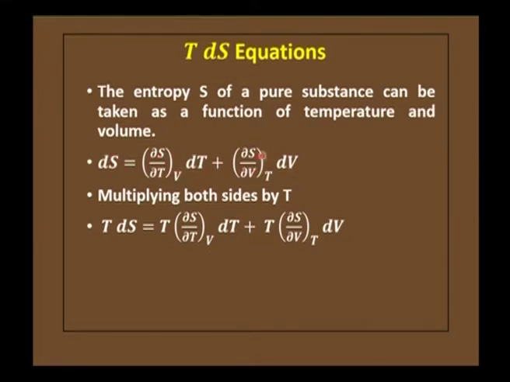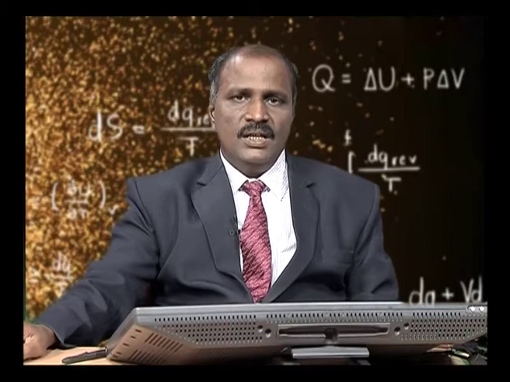Multiply this entire equation by T. Therefore, T dS is equal to T into dou S by dou T of V into dT plus T into dou S by dou V of T into dV.